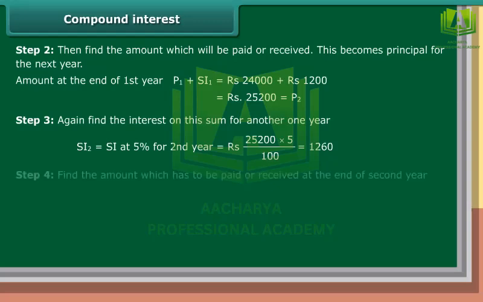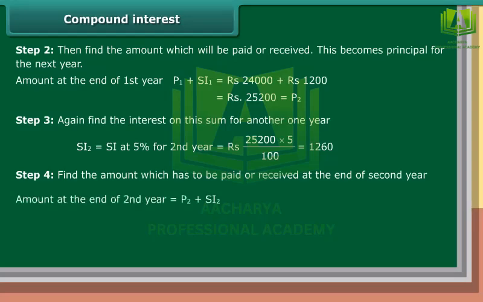Step 4. Find the amount which has to be paid or received at the end of the second year. Amount at the end of the second year = P2 + SI2 = rupees 25,200 + rupees 1,260 = rupees 26,460.